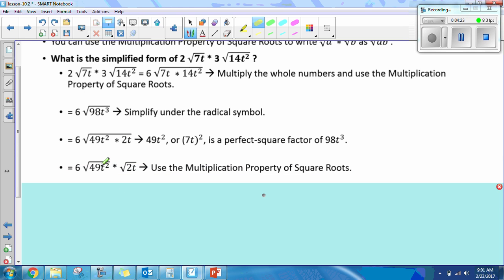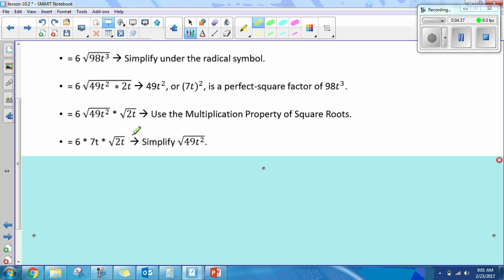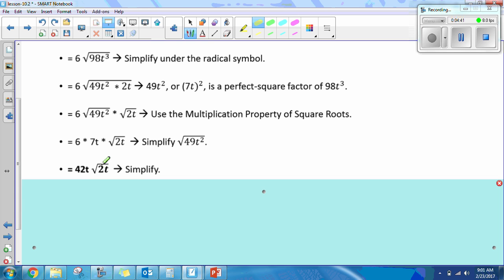And using the multiplication property of square roots, we split those two up. And then we take the square root of 49t squared, which is 7t. And then we can't do anything with the 2t, so we're going to leave that. And then we simplify the numbers outside of the radicand, and we get 42t times radical 2t.